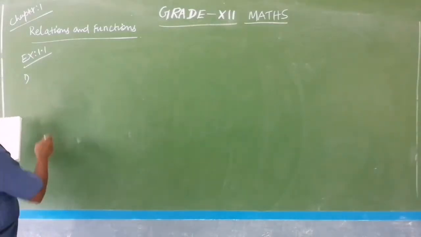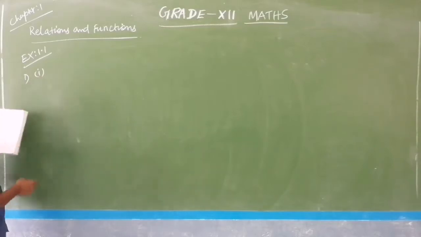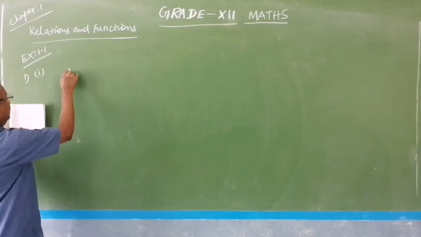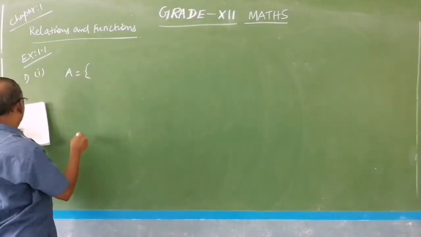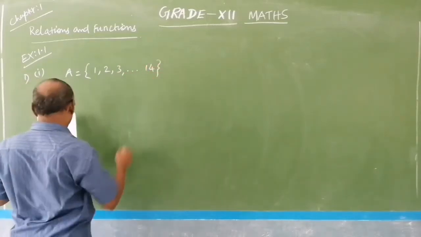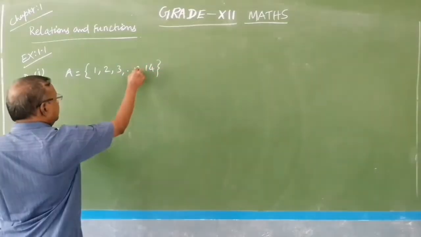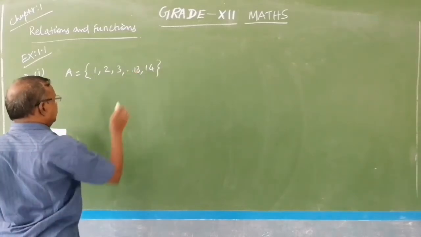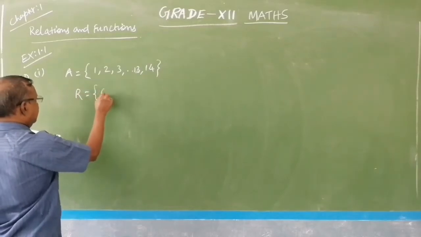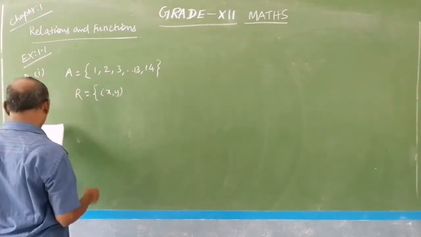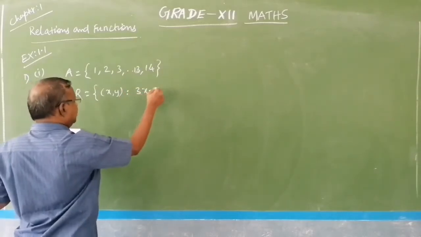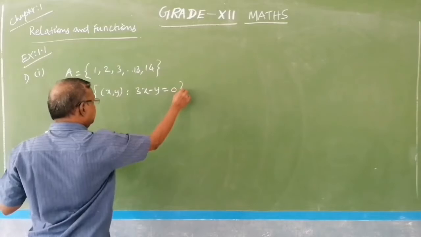The first subdivision: a relation R in the set A, we are given the set 1 to 14, that is 1, 2, 3, and so on up to 13, 14, defined as R equal to (x, y) such that 3x minus y equal to 0.